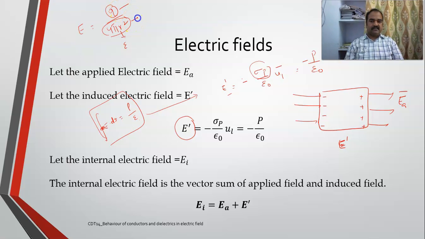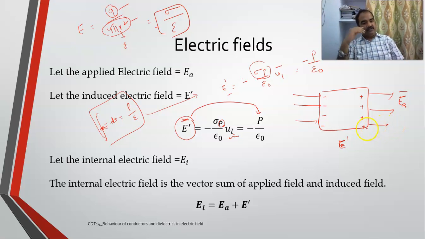So charge by surface area, if I take it as sigma, I'll get this equation. This is the equation which I am employing here. But since it is due to negative charge, I have taken it as negative. Since the charges are polarized charges, I have represented the symbol rho, and since electric field is a vector, this is a vector. This is the formula. So this can be represented as minus P by epsilon.